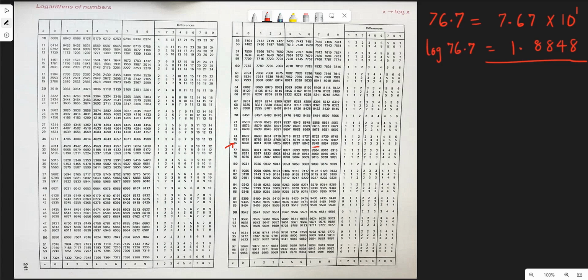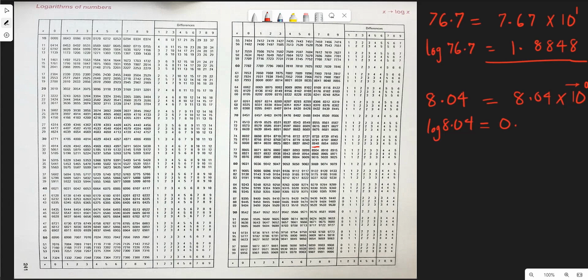Another example, we have 8.04. Now express this in standard form. We have 8.04 times 10 raised to the power 0. The decimal point is not moving anywhere. Therefore, the log of 8.04 will have a characteristic of 0. That's taking this number here, 0.80 under 4.